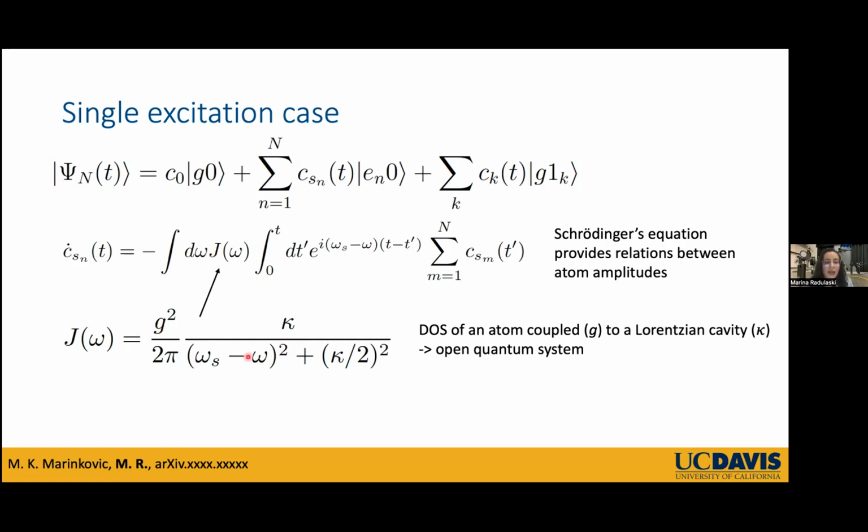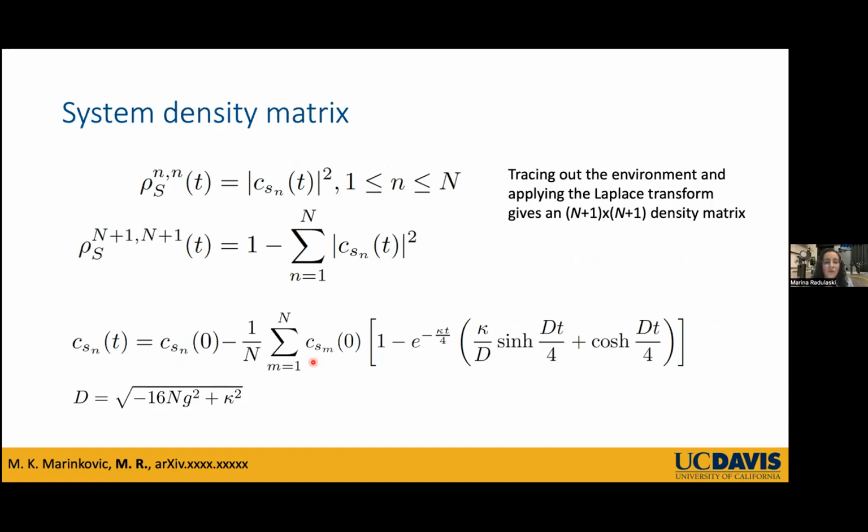So now with that, we move on to trace out the environment, which then gives us the n+1 times n+1 density matrix, which has diagonal terms that are giving us the population of atoms, so basically their excitation amplitude squared, while the last element of the diagonal is the combination of the cavity and the environment.